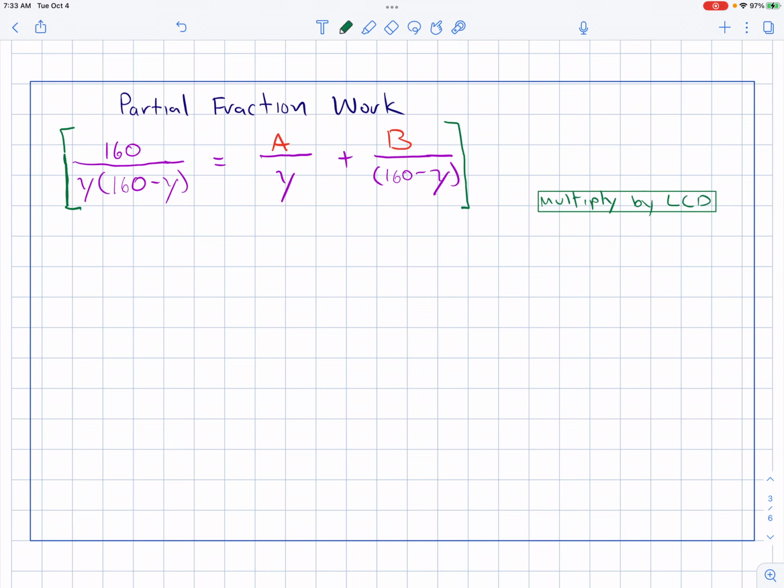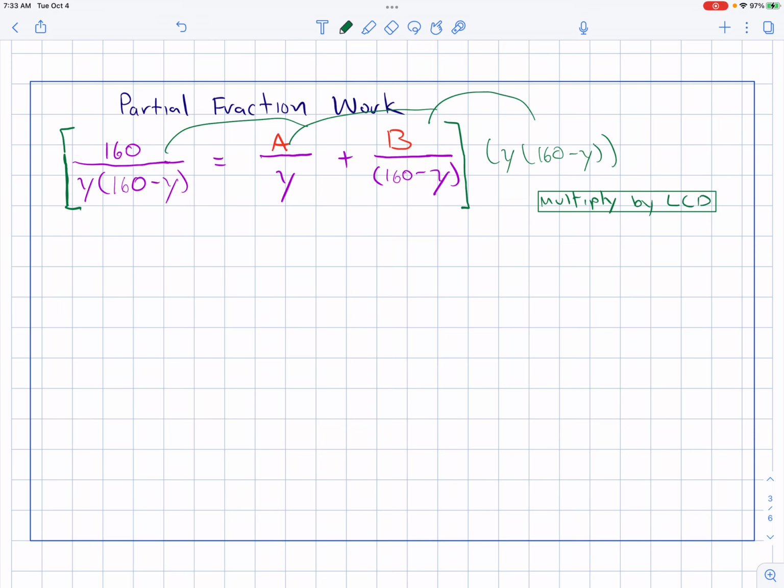To start that, we multiply both sides by the LCD, which is just y times 160 minus y, distributing that to each of the terms inside the parentheses.